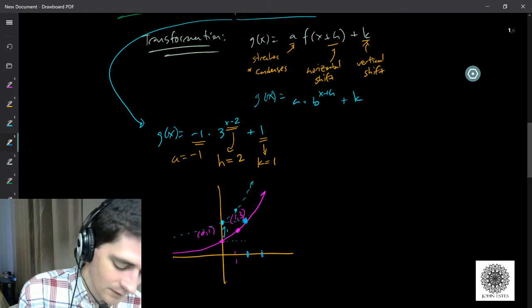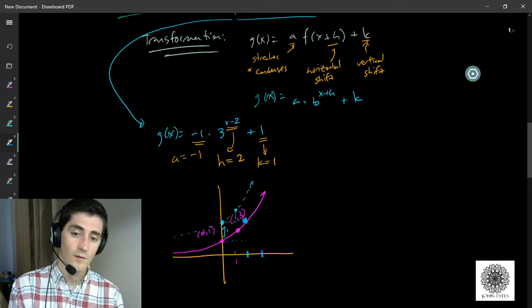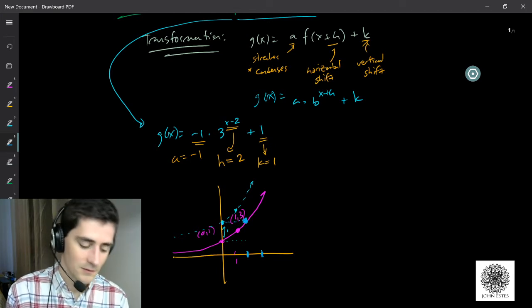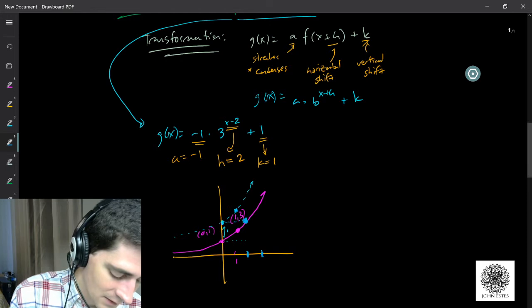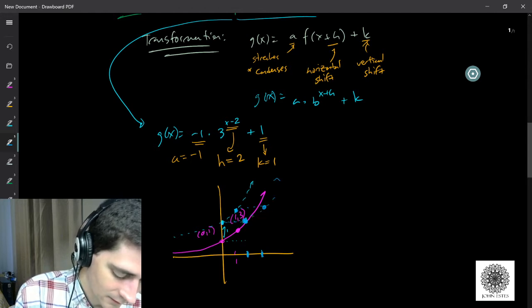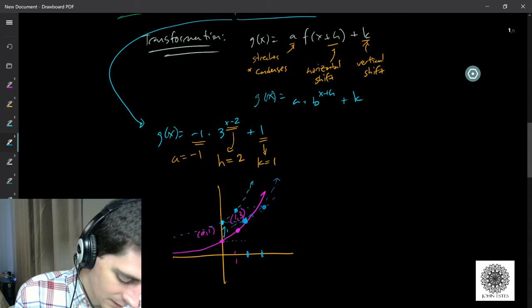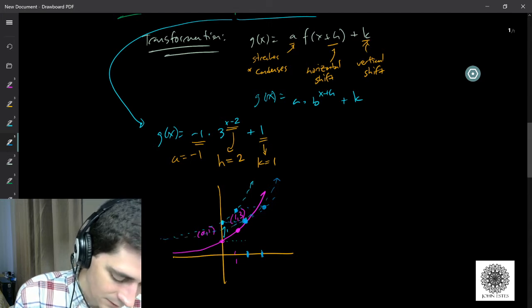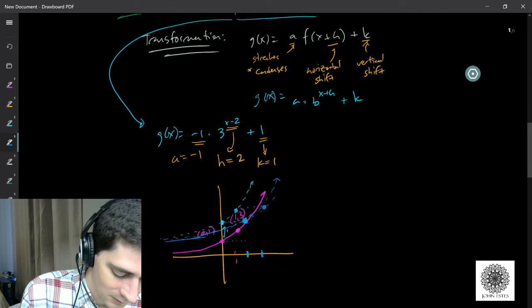There's the spot where I was crossing the y-axis. I move that over 2 units. And where I was here, I have to move it over 2 units. And so now this graph would look something like this. It's the same graph as the light blue one, just everything's moved over 2 units. Okay, I don't know if that's a little cluttered.